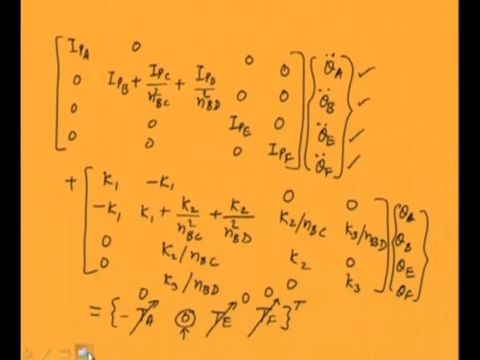Now we can write the previous equation in this particular standard form. And the right hand side terms are 0. The size of this matrix is 4 by 4 into 4 by 1.